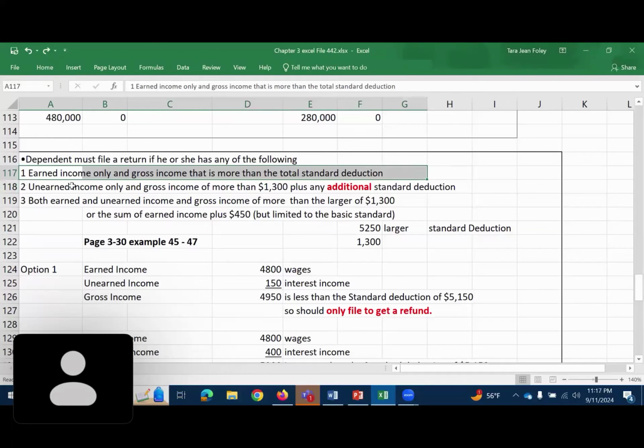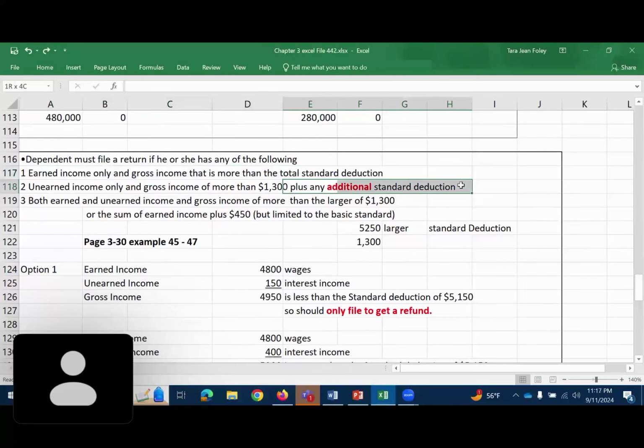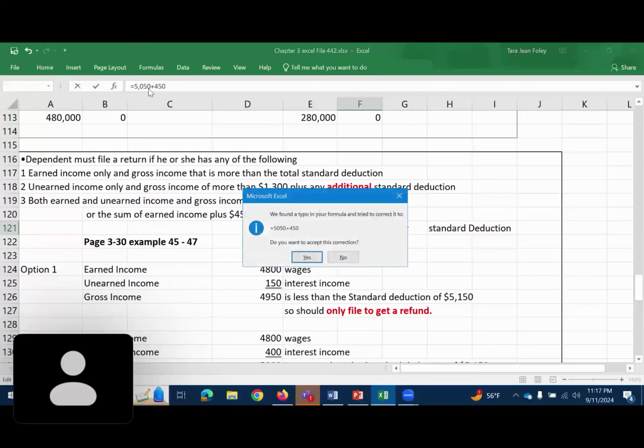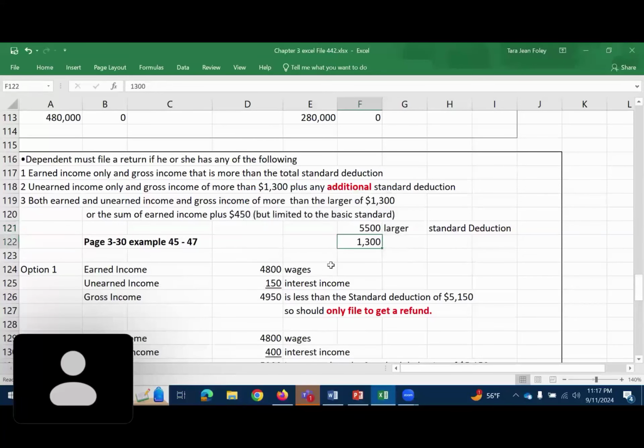This is a dependent, right? The dependent was 50-50, plus the 450.